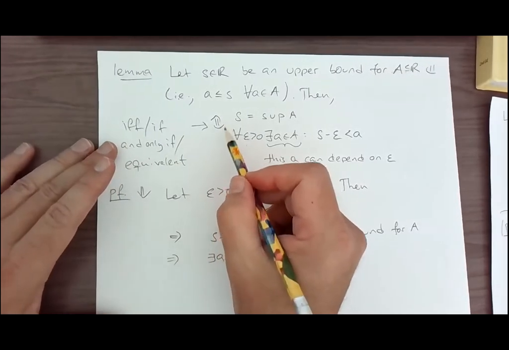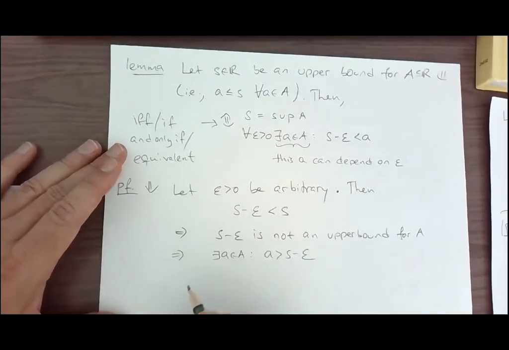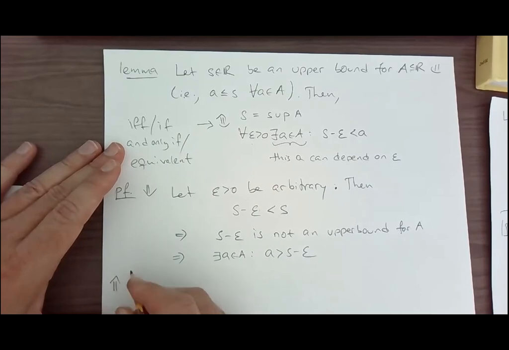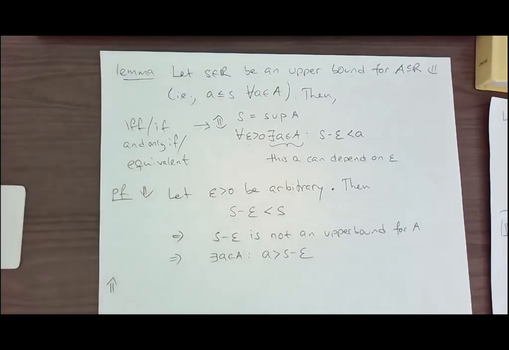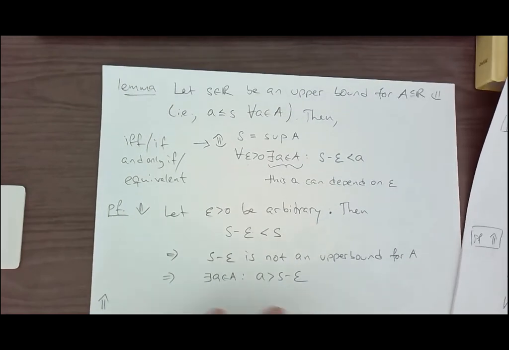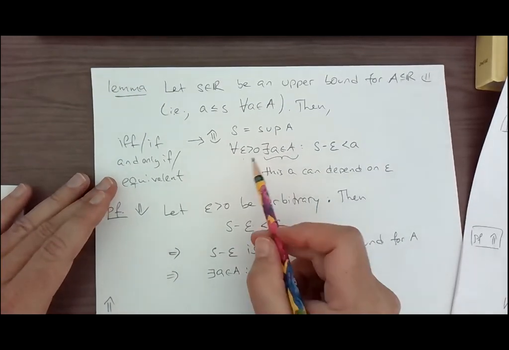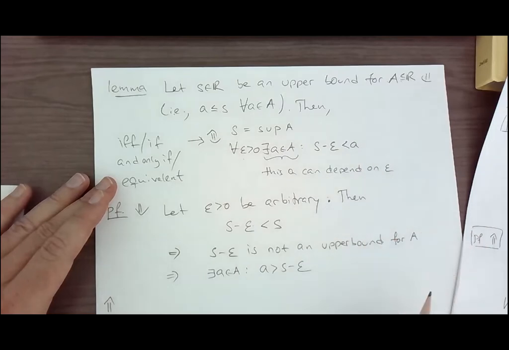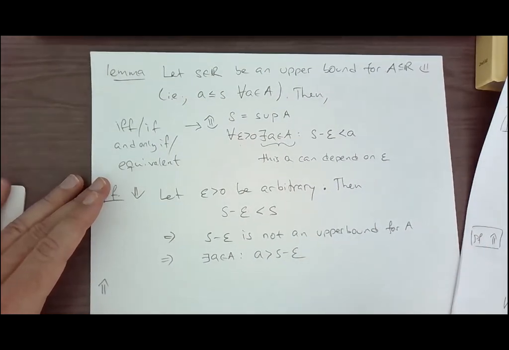Typically with these double implications, there's an easy way and a hard way. And the hard way here is the up direction. Very often the hard way is the useful way. There's this property here that will characterize the smallness property.